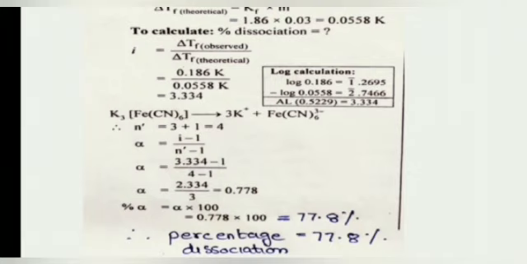On further solving, we will get 0.778. Now we have to calculate the percentage, so we will multiply it by 100. Finally we will get 77.8 percent. So the percentage dissociation will be 77.8. Like this we have to solve the numerical.